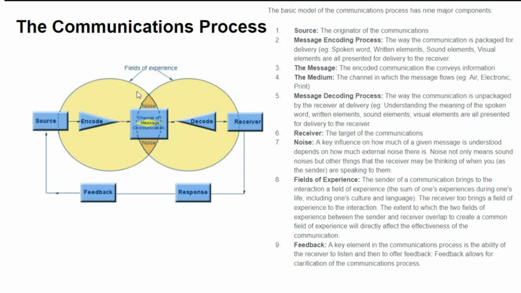Your field of experience, and my field of experience, having been on that same beach, I can relate to what it looks like. You can relate to what it looks like. We have matching fields of experience.